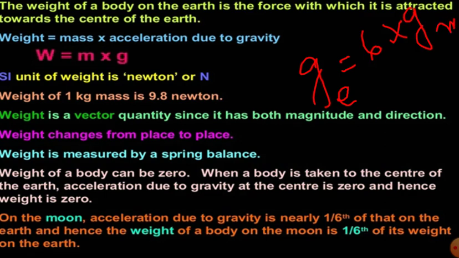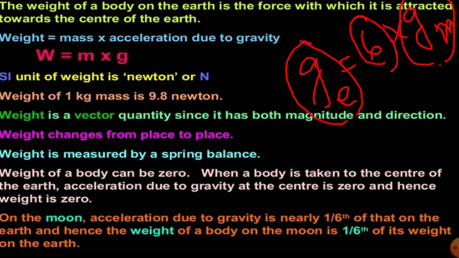Let me do it here. So the acceleration due to gravity on the earth is greater than the acceleration due to gravity on the moon. Got it? So how much more is it? By a factor of 6.